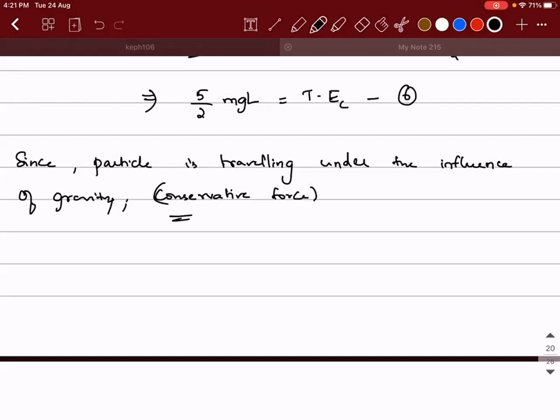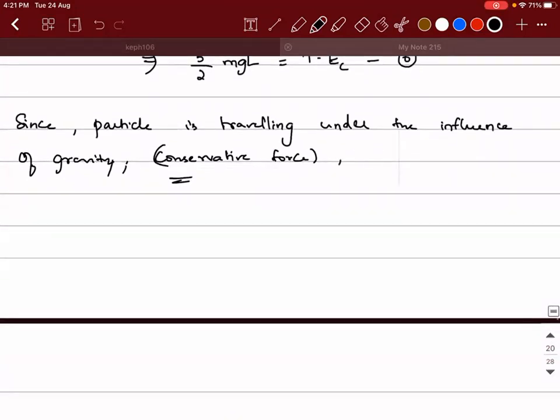Right? Since the particle is traveling under the influence of gravity, what will happen? Energy conservation is applicable.